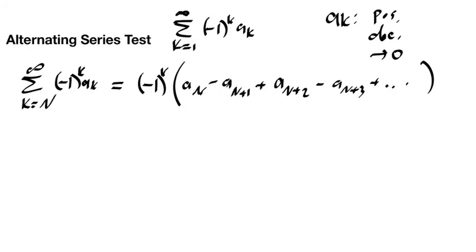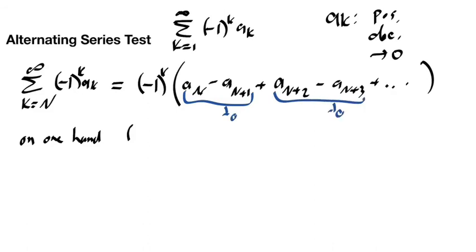And what I'll notice is if I pair those up, then on one hand, my a_N minus a_{N+1}, this piece right here has to be greater than 0. This piece right here has to be greater than 0, etc.